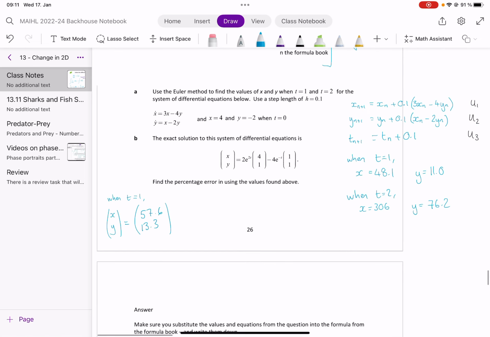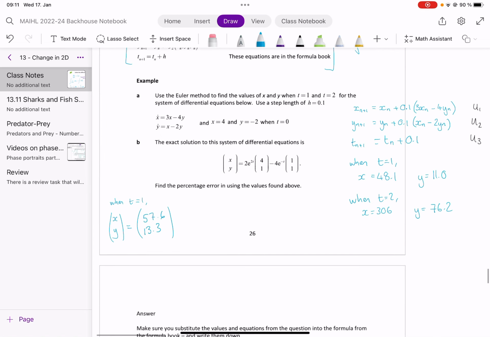And of course, we could take these and find out the percentage error. So to find the percentage error, we do the difference. I'll just do the percentage error for the x values. So I'm going to find the difference, 57.6 minus 48.1. We divide it by the exact solution, the exact answer, and we times it by 100. So this is our percentage error.